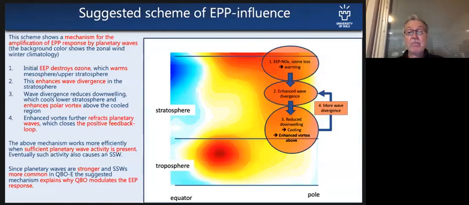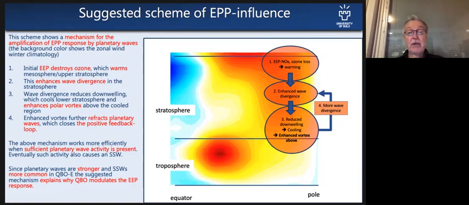The scheme for the possible mechanism for the amplification of the EPP response by the planetary waves includes a feedback loop consisting of the 4 effects that are listed in the slide.